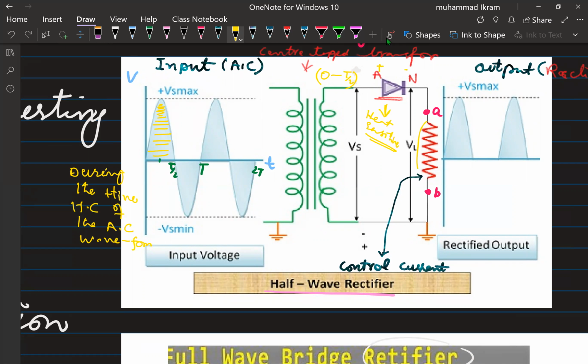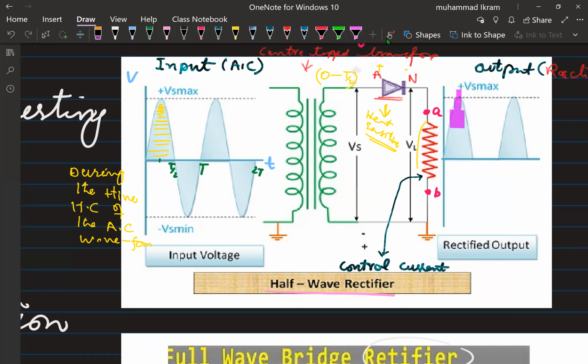During this situation, the diode acts in the forward biased situation, right? And it will conduct current, it has a very small resistance, and it will allow the electricity to pass through, as you see here.